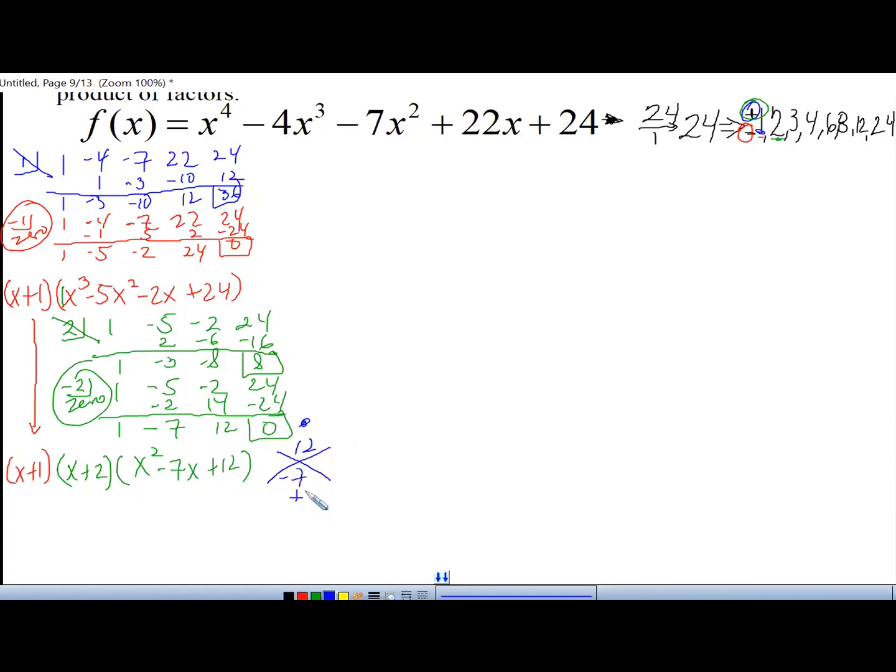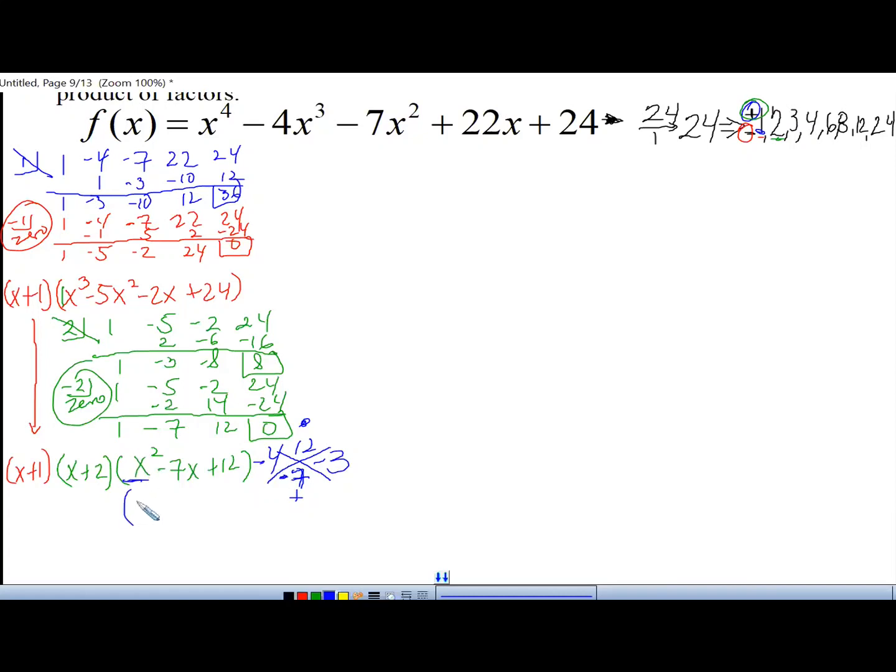So factors of 12 that add up to -7. What do you think, Victor? Factors of 12 that add up to -7. -4 and -3. Bam, let's go, Victor. You remind me of me in elementary. Let's go.